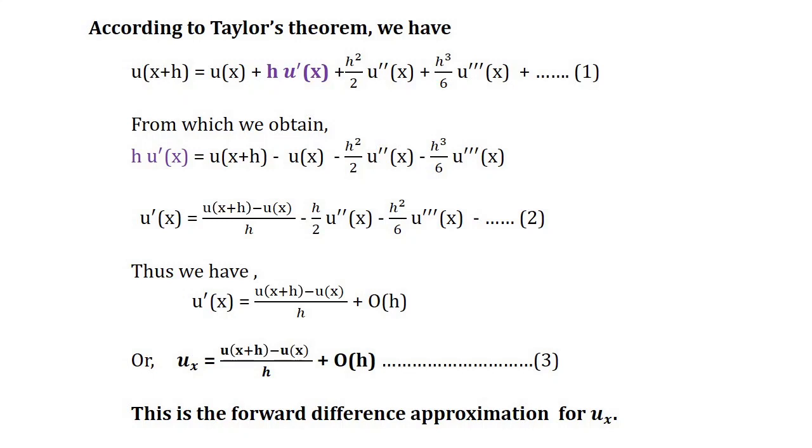In this case, the truncation error is of the order of h. Representing u'(x) as u_x, we get the forward difference approximation.